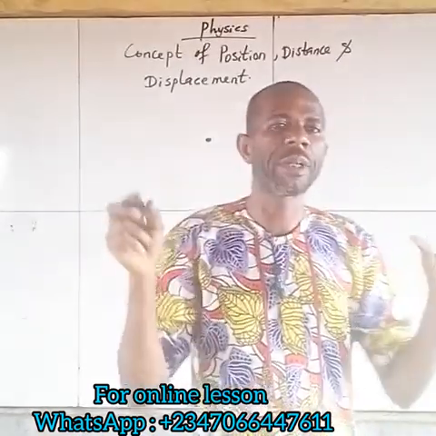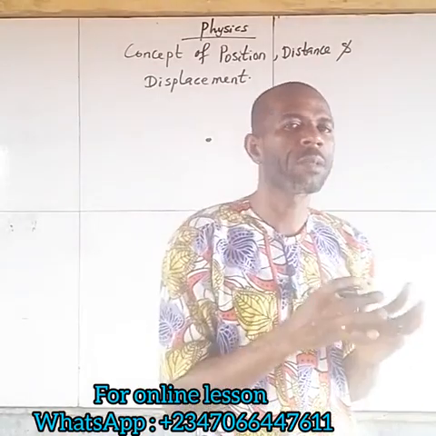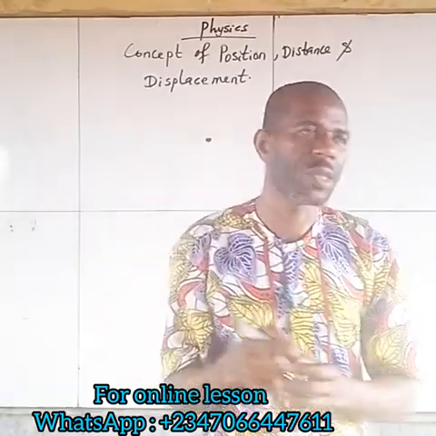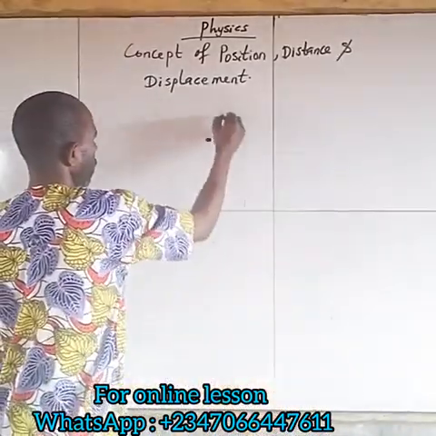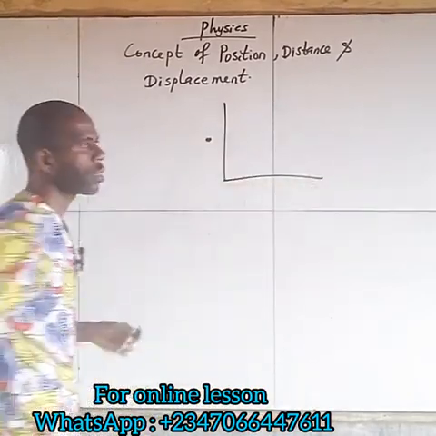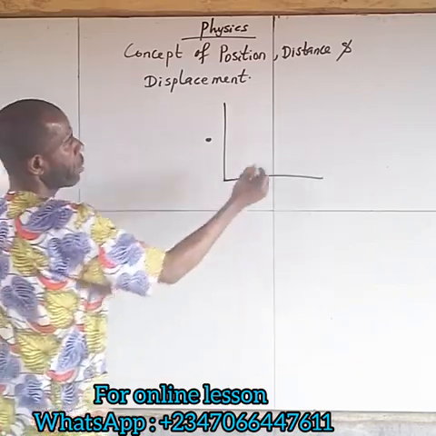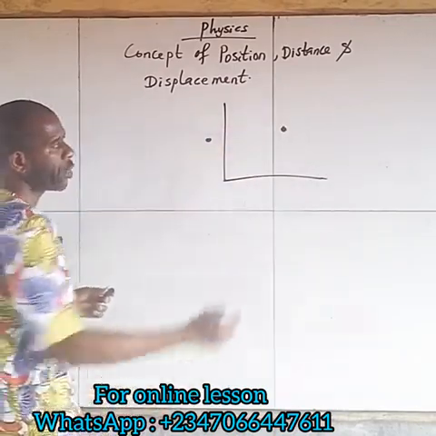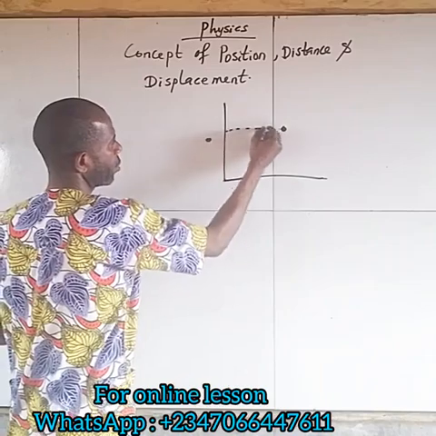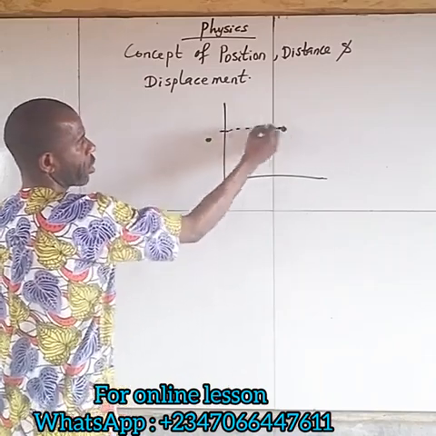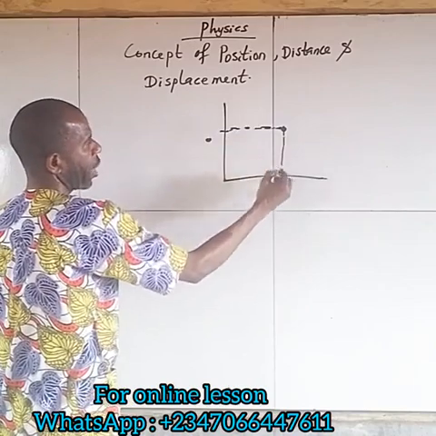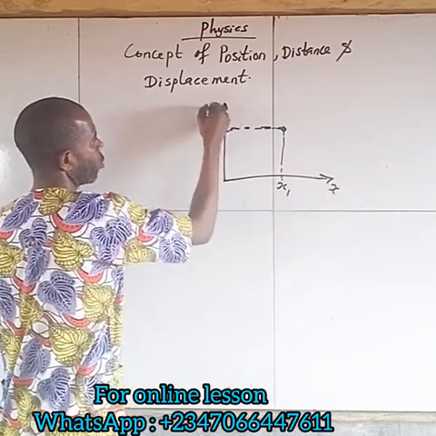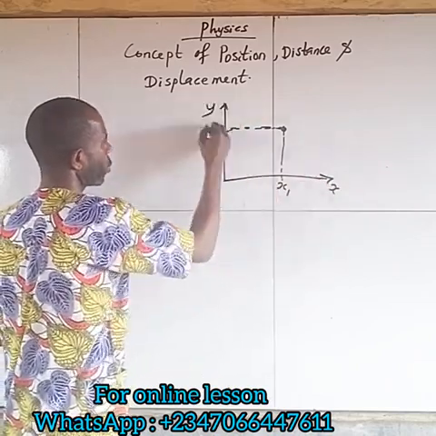You know, in Cartesian plane, we have two perpendicular axes, which is the y and the x axis. Look at it here. If we have two axes like this, on this axis we are trying to locate an object. If an object is placed here, it is traced down to this y axis, and it is also traced down to the x axis. So if this is x1, this is x, this is y, then this is y1.